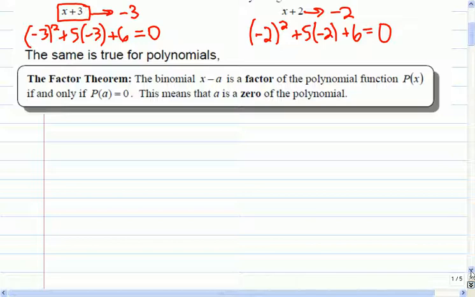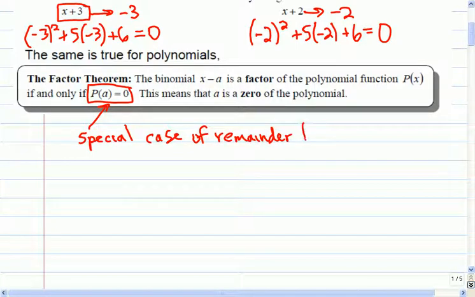So basically what you're thinking of is this is the remainder theorem here. It's a special case of the remainder theorem. So it's basically we're using the remainder theorem, but we're only interested in remainders of 0. We're not interested if the remainder isn't. It means it's not a factor if the remainder is not a 0.